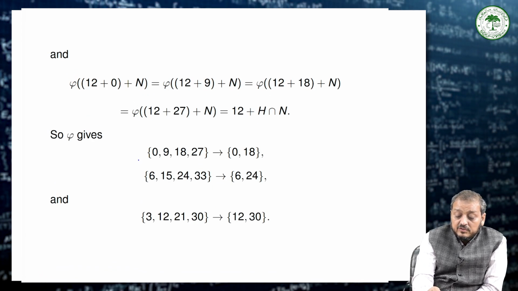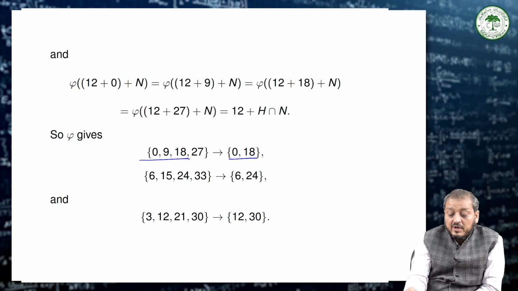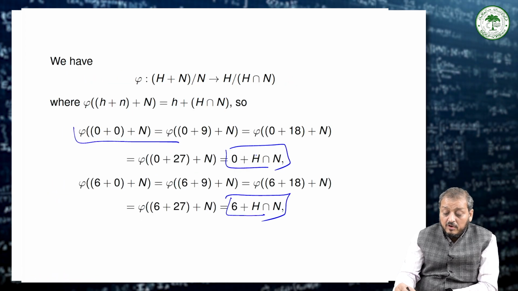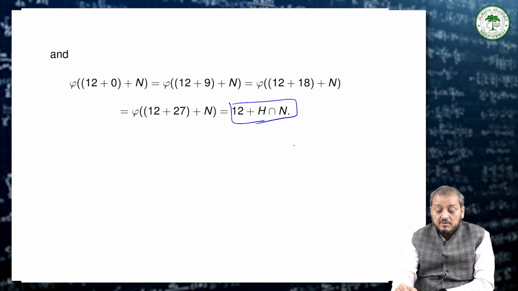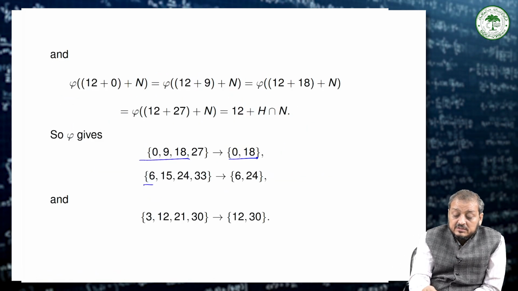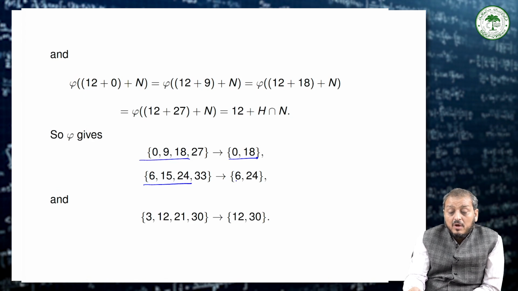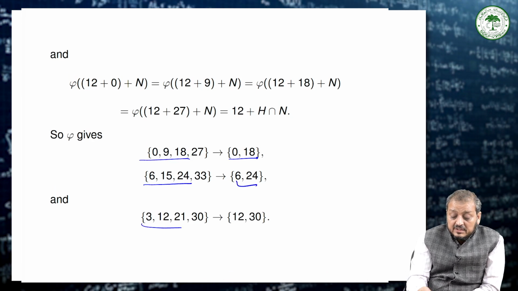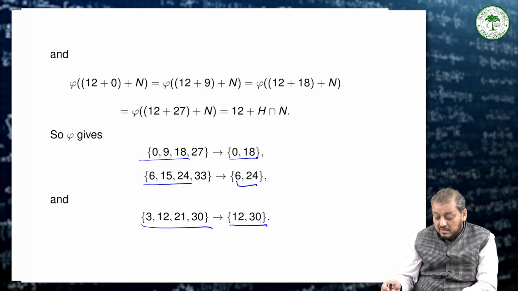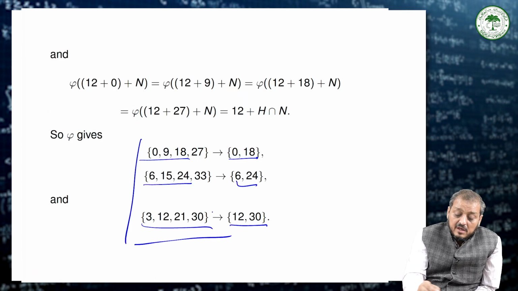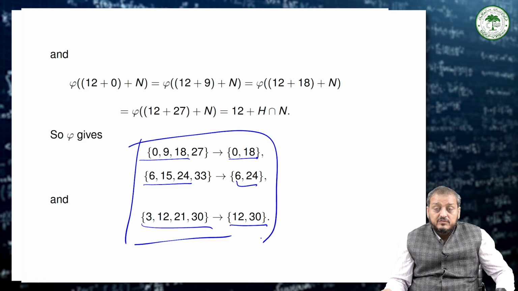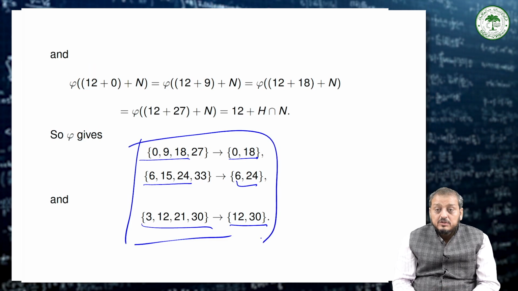This coset of n is mapped to 0, 18. Just take this form, 0 and 18, and similarly you can say that another coset is mapped to 6 and 24, and this set is mapped to 12 and 30. So this completes the list of cosets that we can find in this form.